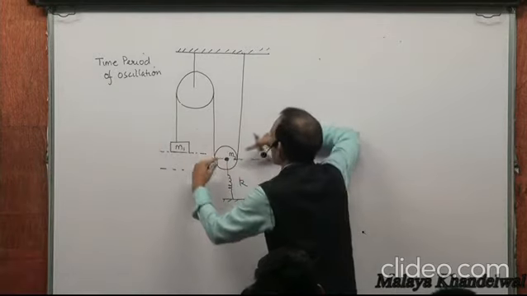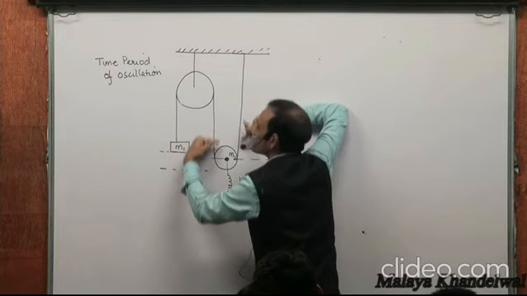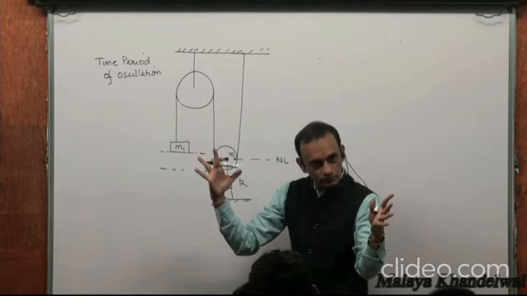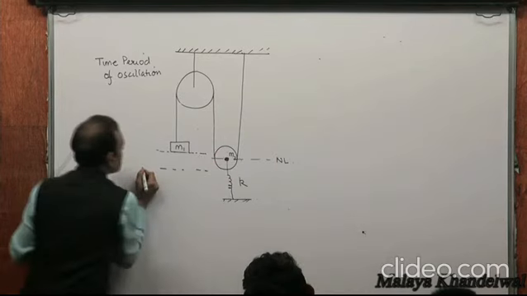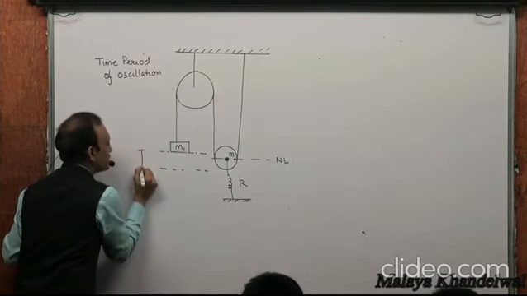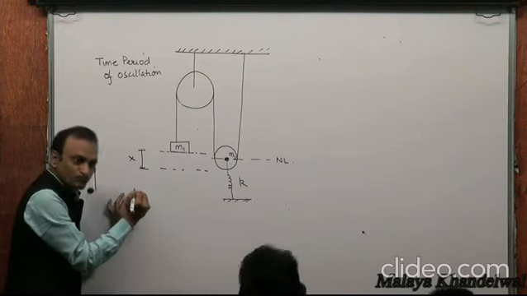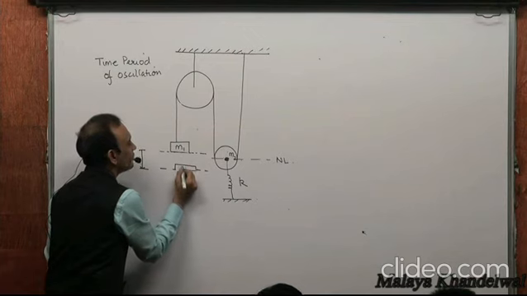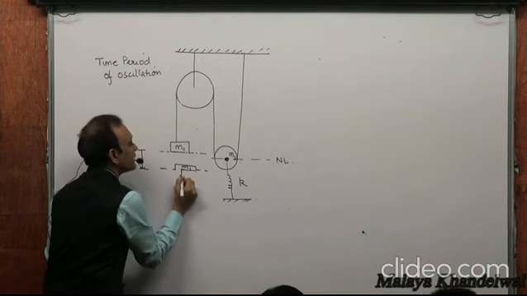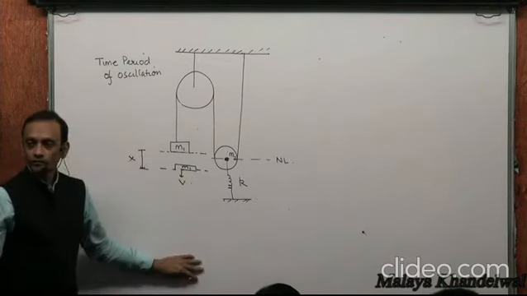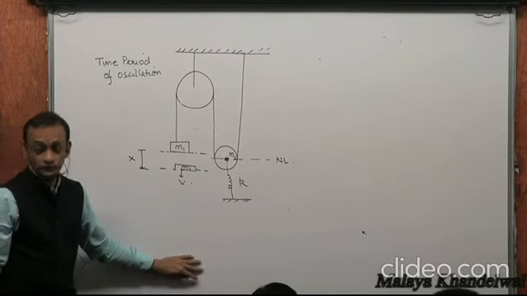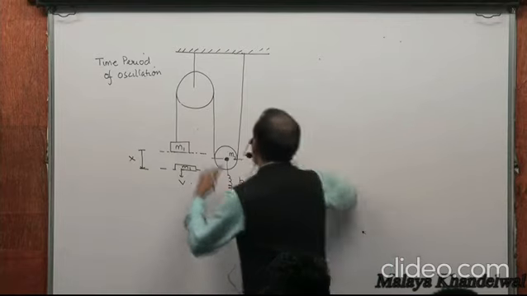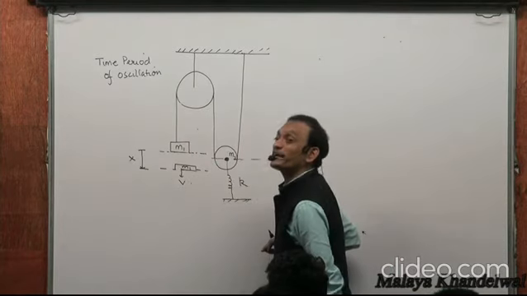If m1 descends down, do you realize this pulley along with this mass m2 will move up? The spring will get elongated, right? Now, let's say at a certain instant when this mass m1 descends by an amount x, it develops a velocity v. Also, would you want to believe from straightforward pulley considerations that this pulley would have moved up by an amount x by 2?